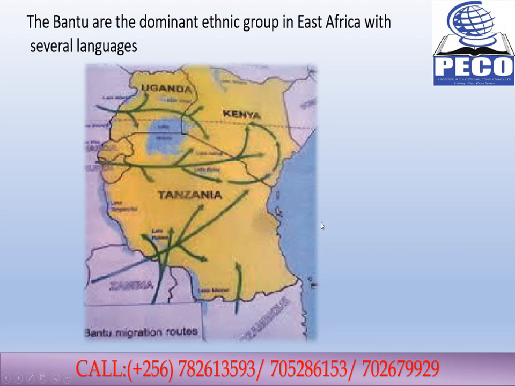Okay, and we are having a map here showing the different groups of the Bantu that came to East Africa. And actually, the Bantu that came to East Africa were 5 groups. They organized themselves in 5 groups. Now, these arrows are showing the different groups and how they penetrated into East Africa.